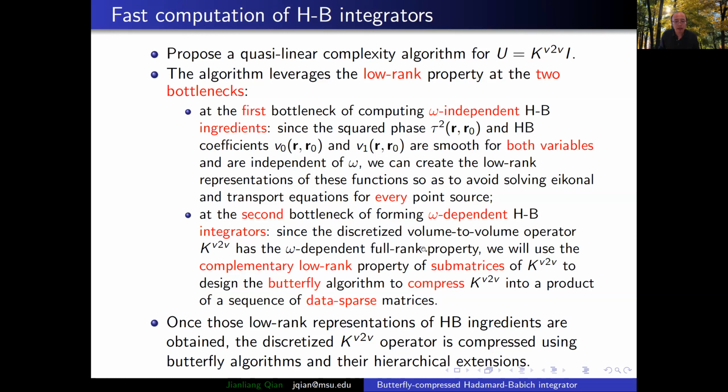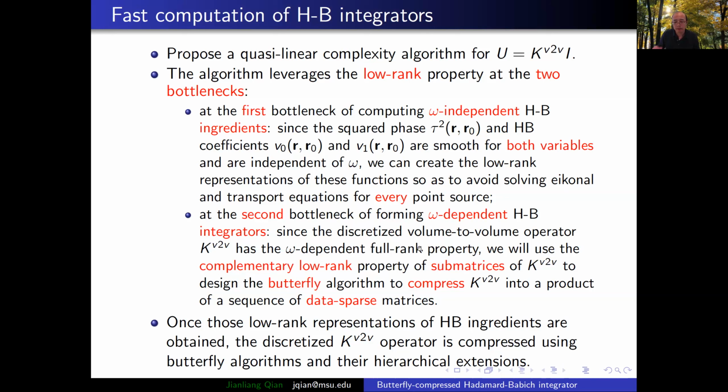And the second bottleneck is related to the kernel and the matrix vector product. This one is omega dependent. If we directly handle the volume-to-volume integral, we will not have a low rank property. In fact, the kernel has an omega dependent full rank property, and no matter how hard we try, we cannot avoid that.